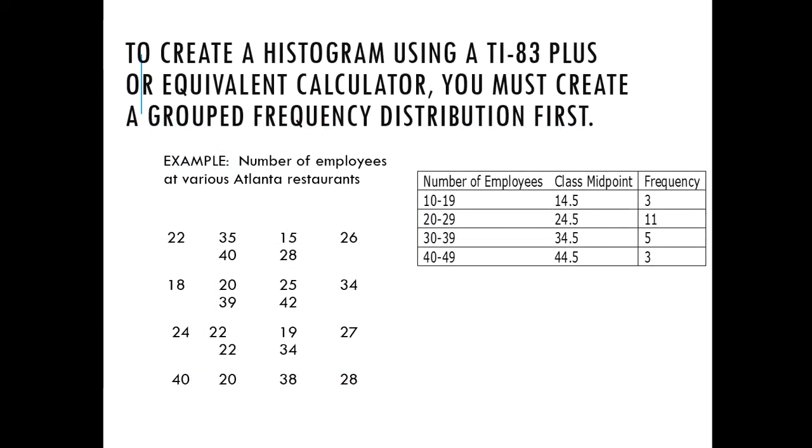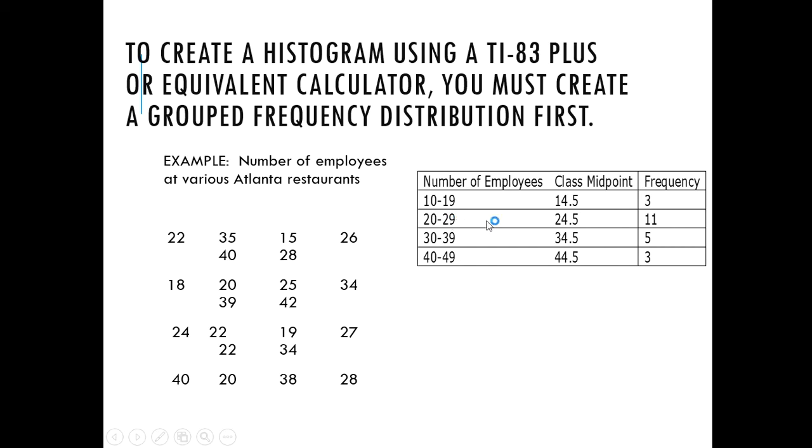All right, so let's make a histogram. I've got the data in a frequency distribution. I have number of employees from 10 to 19, 20 to 29, 30 to 39, and 40 to 49. I made my midpoints. How do I get my midpoints? For the first class, 10 plus 19 divided by 2 gives me 14.5.